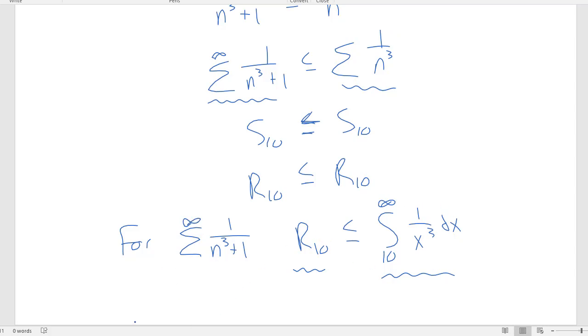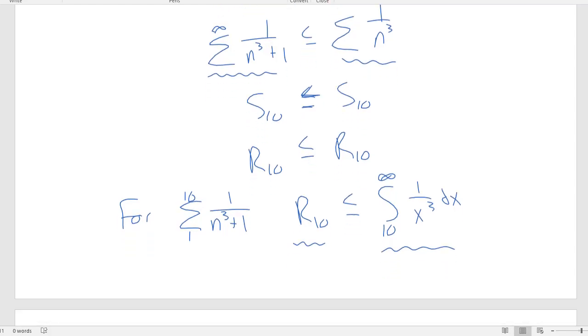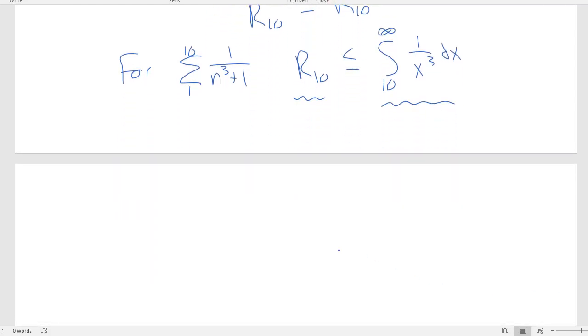And I want to fix this notation here. This is not an infinite series. We used the sum of the first 10 terms. That's going to have a remainder that's at most the remainder of the known p-series. And we know that that is 0.005 from our prior work. So for my series I'm testing, my maximal error is going to be 0.005.